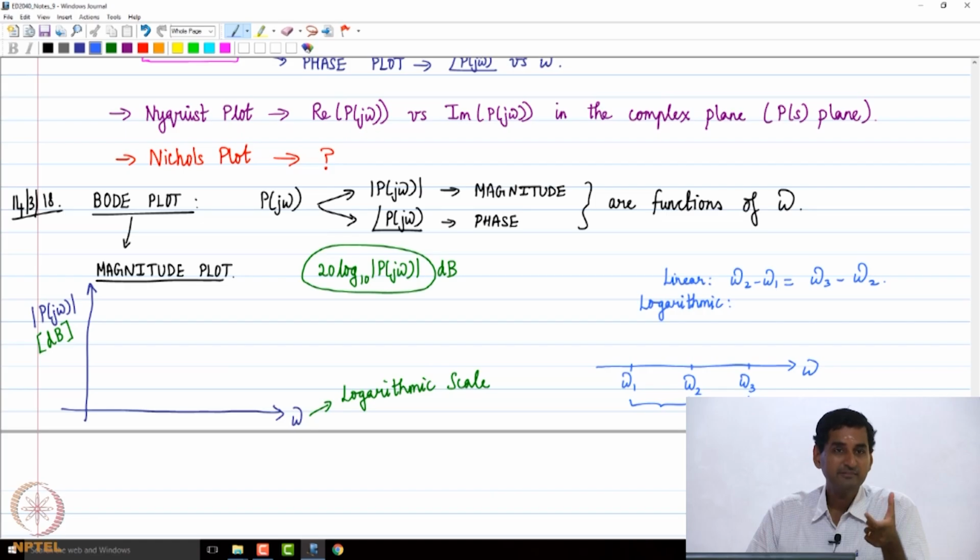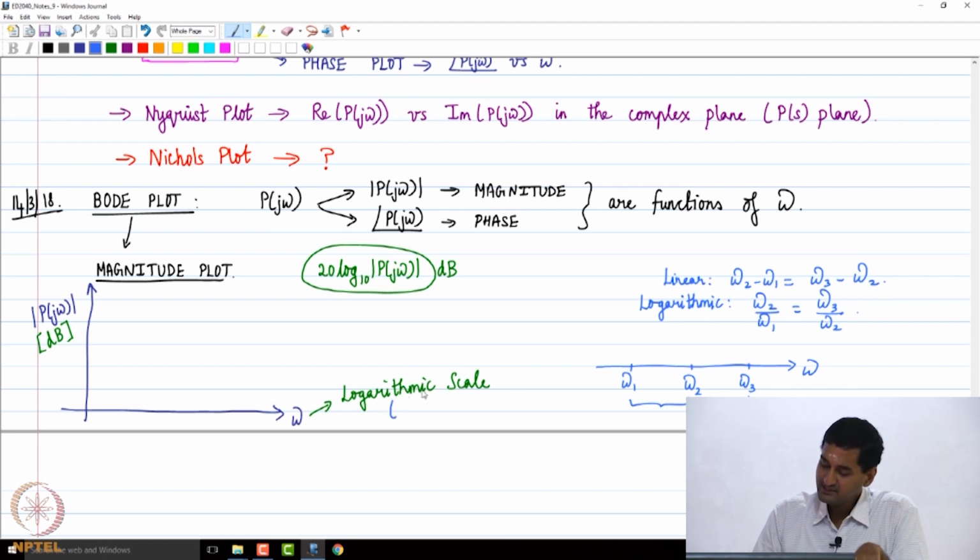If I use a logarithmic scale, the ratios are going to be the same. So omega 2 by omega 1 is going to be equal to omega 3 by omega 2, right?